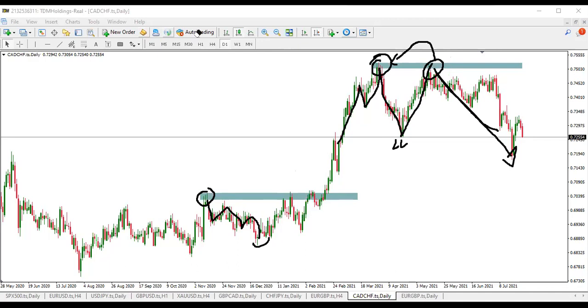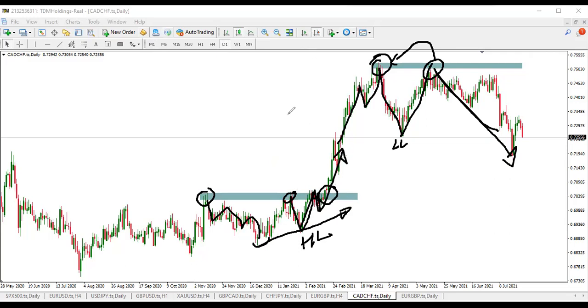So price pushed to the upside, went down, but failed to make a lower low. So here we are seeing what? Market making higher lows. So every time it bounces, it makes a higher low. It bounces, makes a higher low. This is a sign that a break is coming. So this is how we determine whether the market will break or bounce, right?